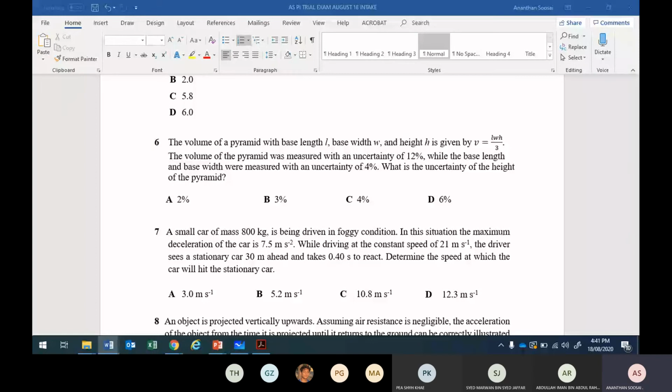This is like a real life application. Of course, we do have reaction time, 0.4 seconds. So your brain tells you to press the brake, but you take 0.4 seconds to press it. During that duration, you are still moving at 21 meter per second. Then only the brake is applied and it starts to decelerate. Determine the speed at which the car will hit the stationary car.